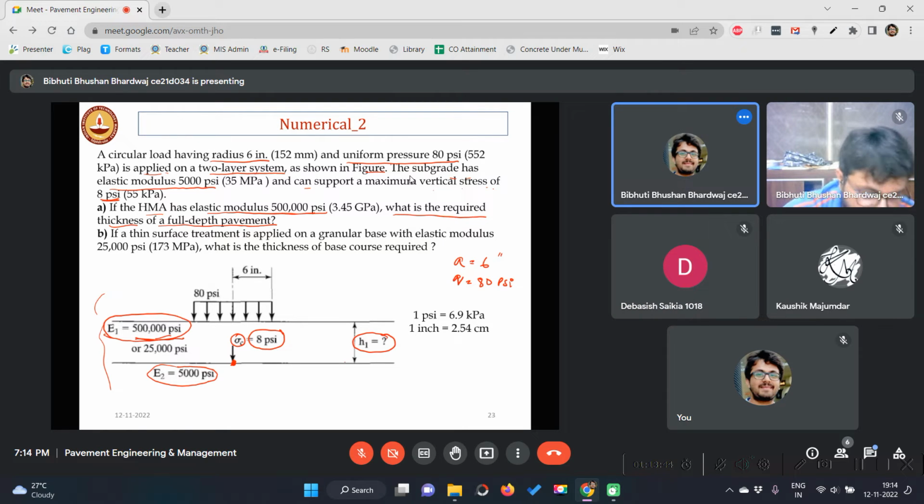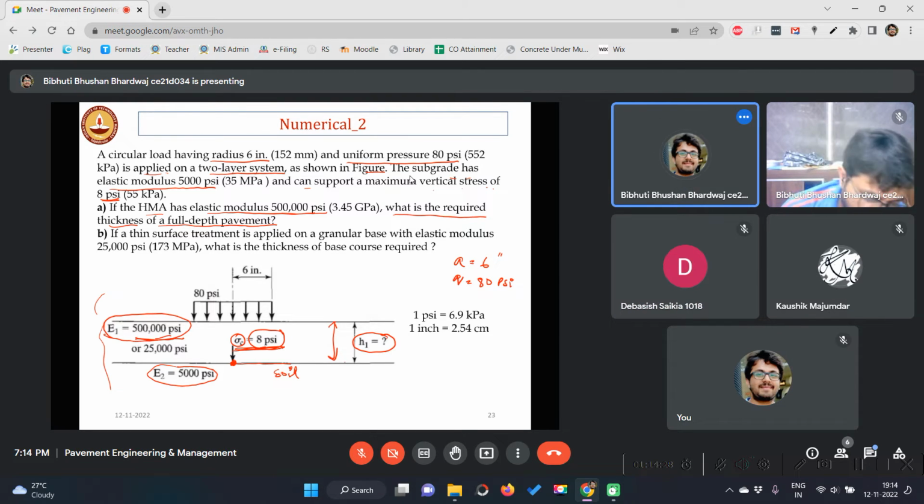You need to find the solution of this type of problem, where you need to find what depth of layer you need to provide, given the load and the stress at the bottom of the layer. The soil can take a maximum of 8 psi stress only. If it is more than 8 psi, the soil will fail. So we will restrict sigma c to a maximum of 8. Are you understanding the problem here?